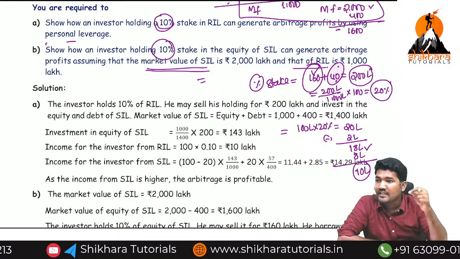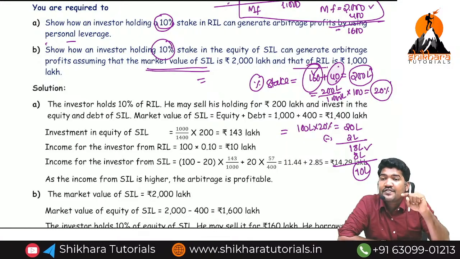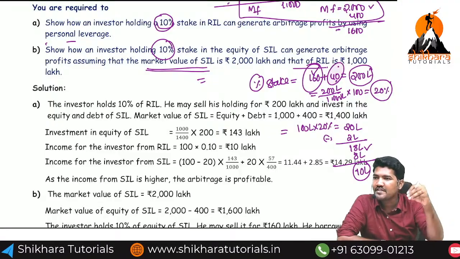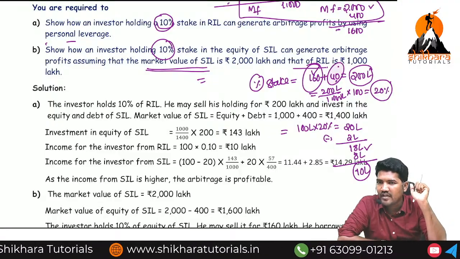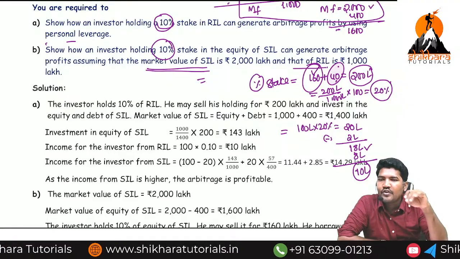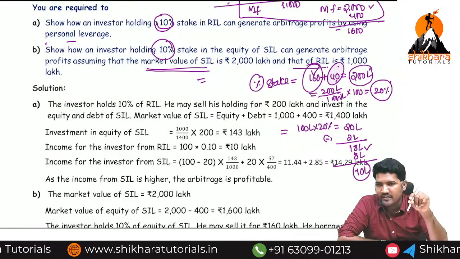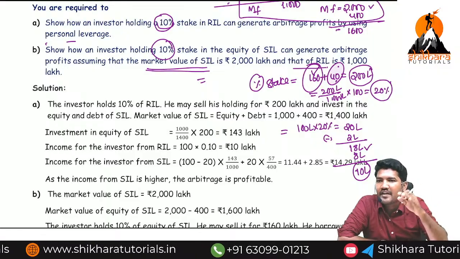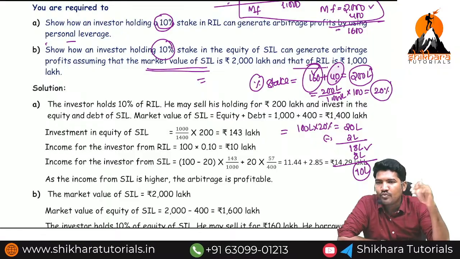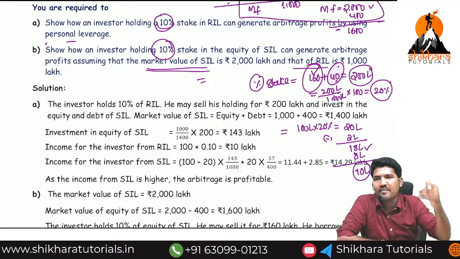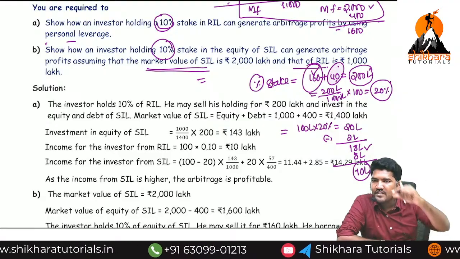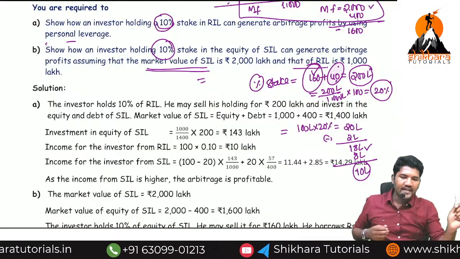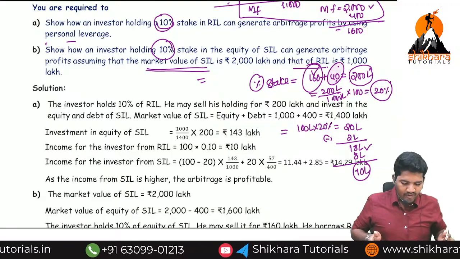Step 3: percentage of stake in the new company, that is, if you invest that money in the new company, how much percentage you will have. Step 4: calculation of new return in the new company. Step 5: calculating arbitrage profit: new return minus old return, you will get the benefit. By using these 5 steps, please present the answer. Okay, thank you. We will continue next class.